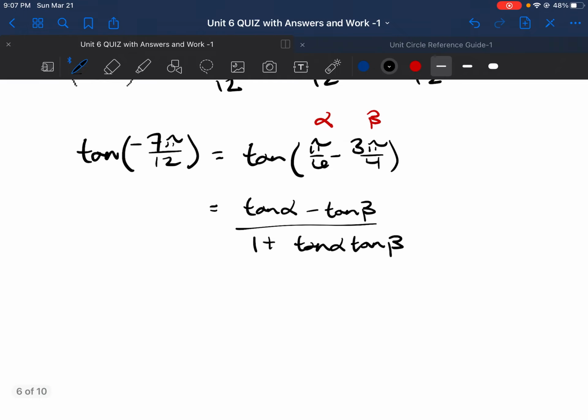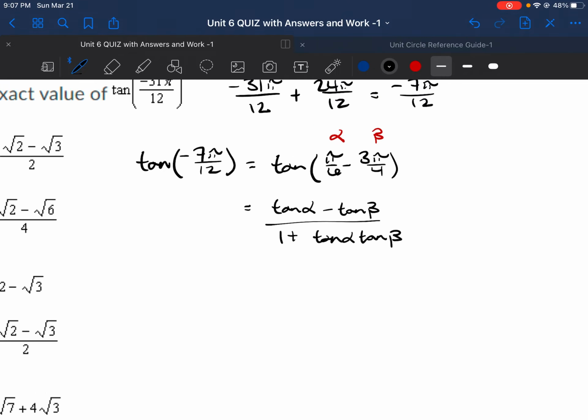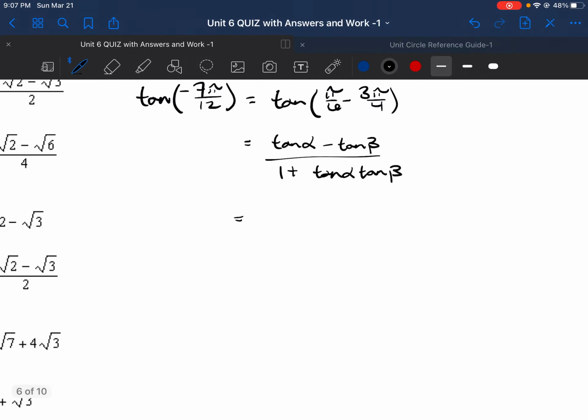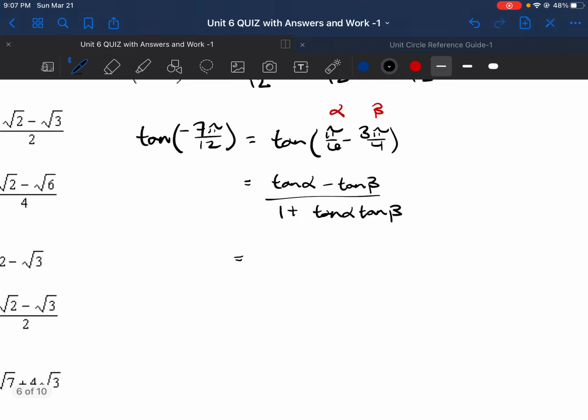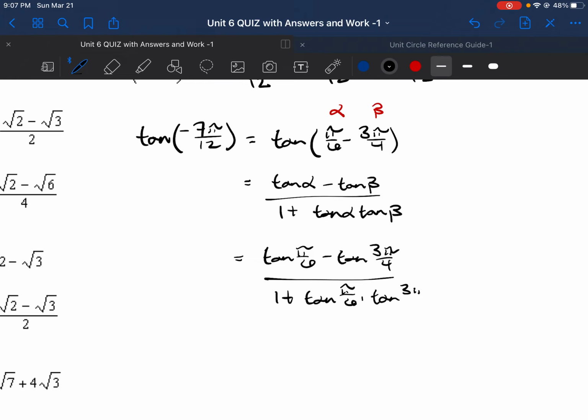And of course, alpha is pi over 6, beta is 3 pi over 4. So let's replace those pieces. Let's just go ahead and write it all out. Tangent pi over 6 minus tangent 3 pi over 4 over 1 plus tangent pi over 6 times tangent 3 pi over 4.